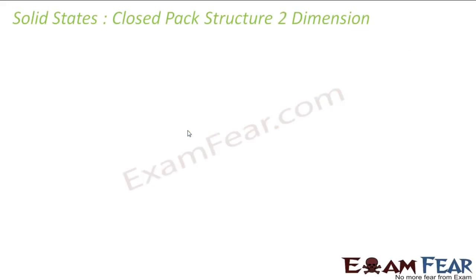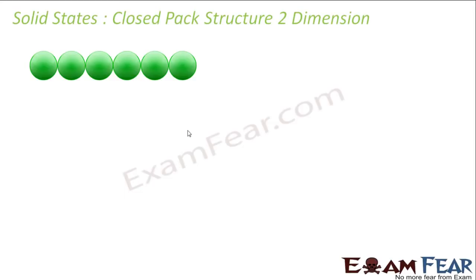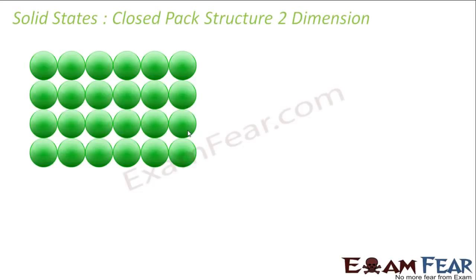Let's talk about 2 dimensional packing now. So you have this 1 dimensional packing already done. So you can arrange in this fashion. Correct? So in this case, if you see a square here, the second row is placed in contact with the first row, and they are exactly above. Here also you'll see the same pattern.